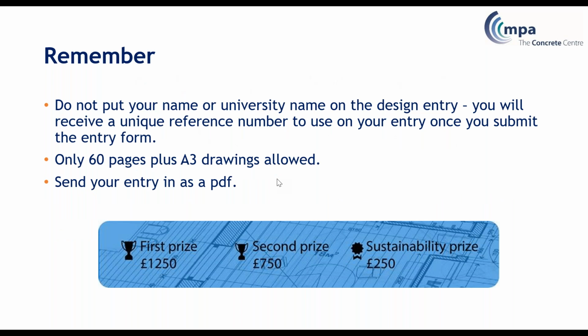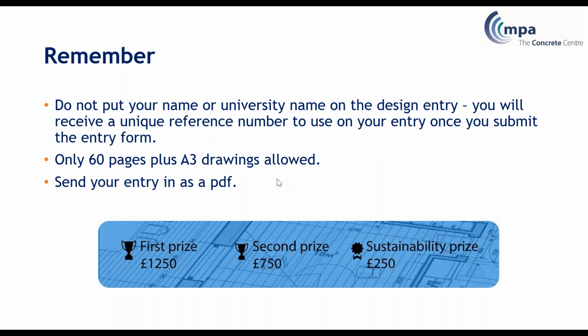Just as a reminder, don't put your name or university name on the design entry. This is the one that you're going to give if you win your university competition. When you're giving in the design entry to the main competition, to the national competition, don't put your name or university name on. We want it to be anonymous. So you will receive a unique reference number, and you put that on your entry so that when we look at the list, we'll be able to tell who you are, but we don't look at who you are until we've done the judging.